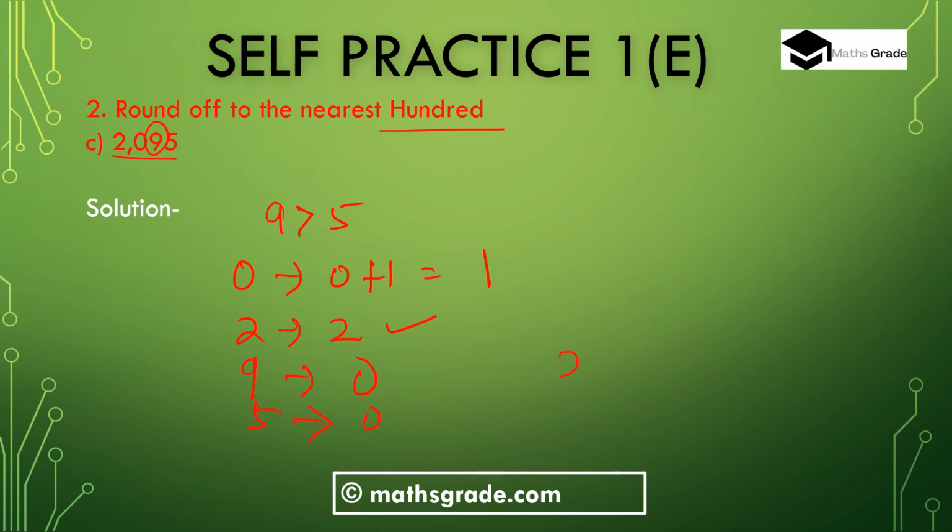This 1000 place digit is 2, and this 0 changes to 1, 0 plus 1, and this 9 changes to 0. Tens place digit 0 and unit place digit 0. So 2100. So 2095 rounded off to the nearest 100 is 2100.